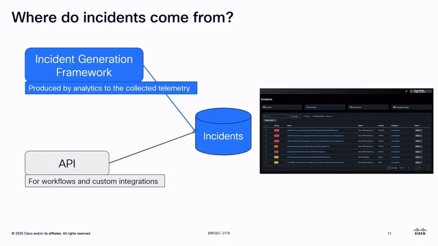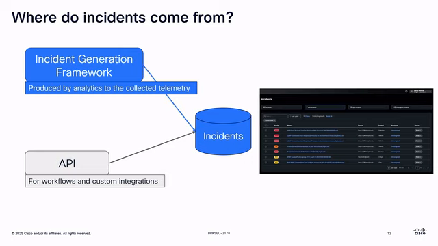The incident generation framework calls into that public API, which you can also call yourself. If you go to the Security Operations Center downstairs, or look at different workflows, you'll see people using that API to directly create incidents in the incident store. But mostly the API is there for workflows, custom integrations, or the incident generation framework, which calls it and creates that data object.